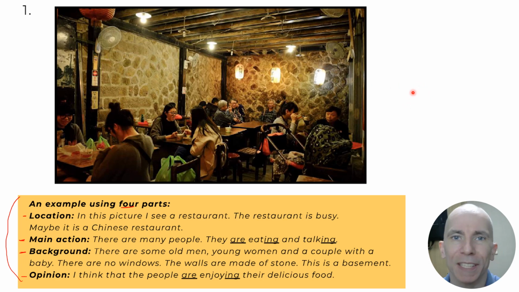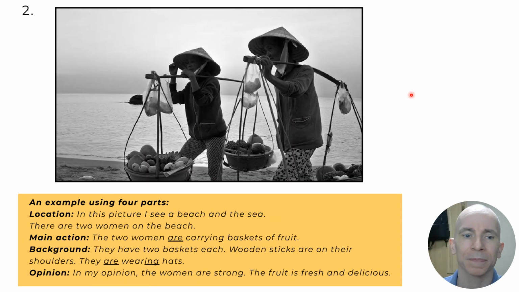Okay, now let's listen to an example for number 2. Location. In this picture, I see a beach and the sea. There are 2 women on the beach. The 2 women are carrying baskets of fruit.